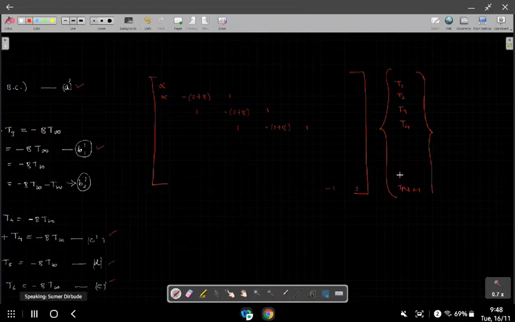Here there will be a Tn, for n we have n minus 1 and like that: minus 2 plus b, 1, 1. Okay. So you see this has a nice arrangement.